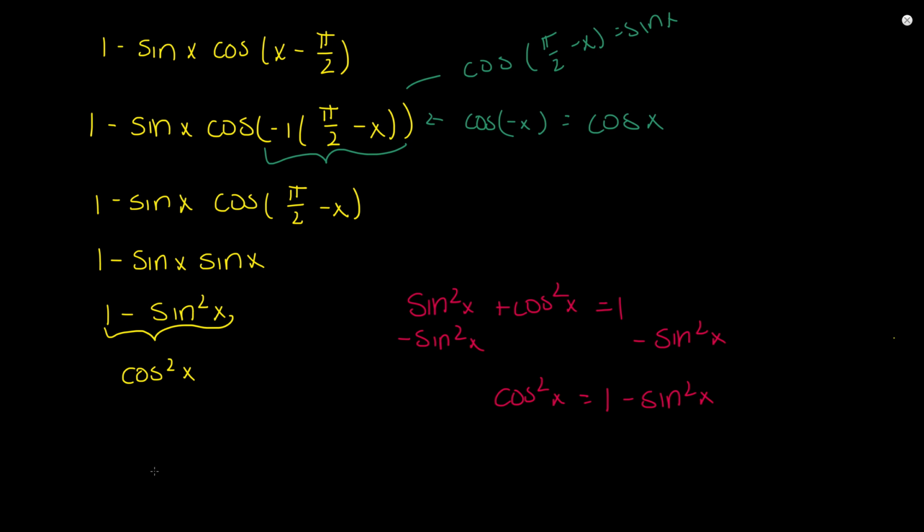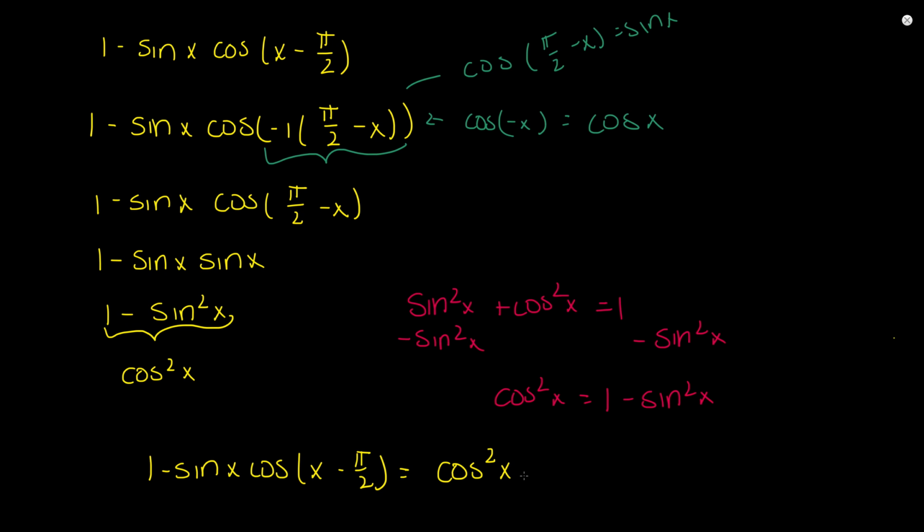Now I can safely say that 1 minus sine x cosine x minus pi over 2 is equal to cosine squared x.